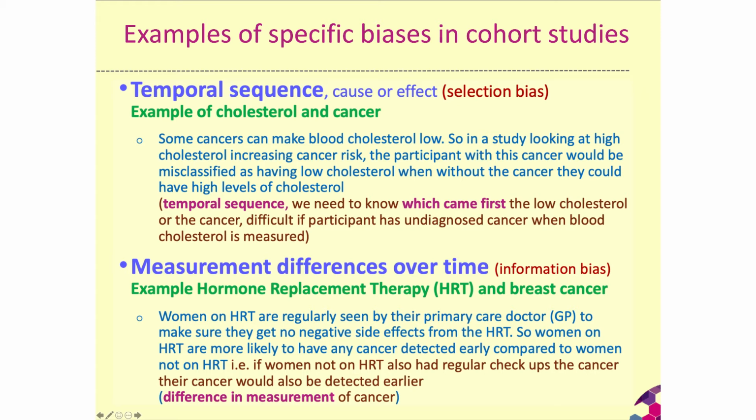So we may find that we have selected participants with low cholesterol, assuming they don't have a cancer, but they may do. Now, the number of participants who are likely to be in this category is small, but it is important to recognize that the low cholesterol may be caused by another health problem, i.e. that it's not a normal low cholesterol, but in fact linked to something else.